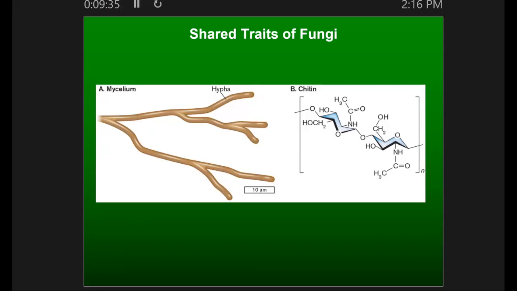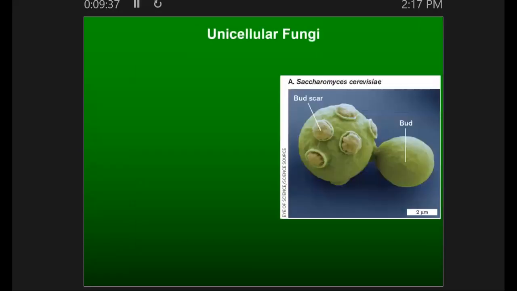Here's a really cool picture of yeast. So this is under a very powerful microscope. You can see that unicellular yeast and all these patches on the yeast cell. That's previous buds of the progeny yeast. So when they go through reproduction, we call it budding.